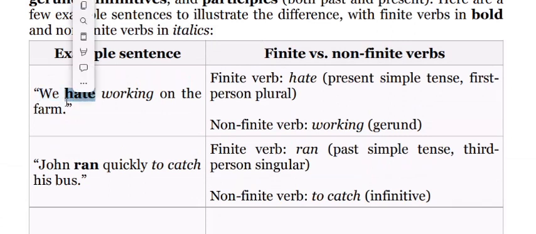We hate working on the farm. Finite verb: hate, present simple tense, first person plural.